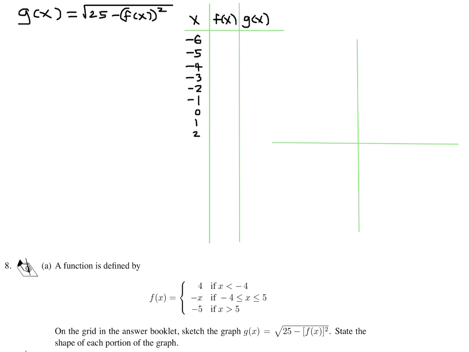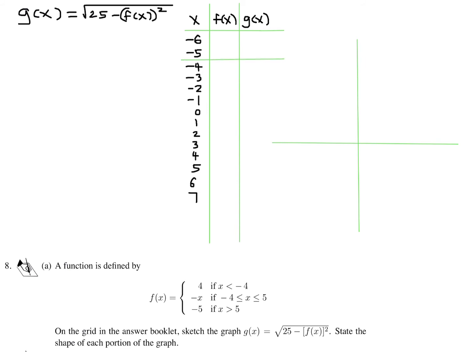And then once I get to positive 5, if x is greater than 5, it's always going to be -5 as the value of f(x). So just a couple of those is enough for that part of the graph: 6 and 7. That's all we need in terms of our values of x.